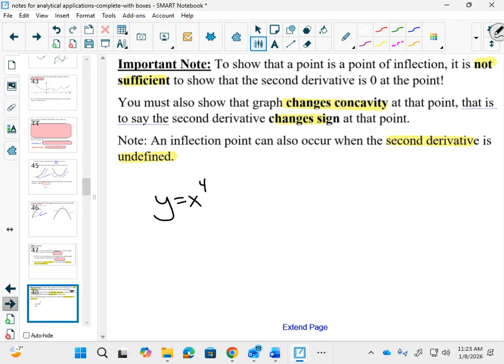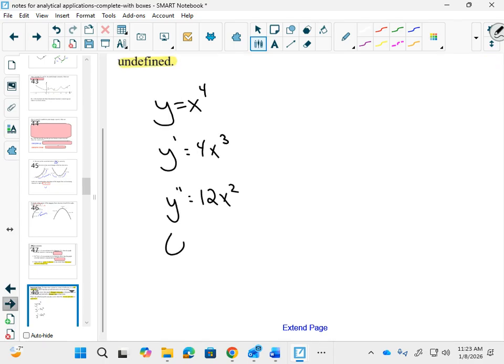Here is y equals x to the 4th. What is the first derivative? 4x cubed. What is the second derivative? 12x squared. If you make your second derivative equal to 0, what's x? 0. If I make a sign diagram for my second derivative, we made sign diagrams for our first derivative, but we're going to have to make sign diagrams for our second derivative.